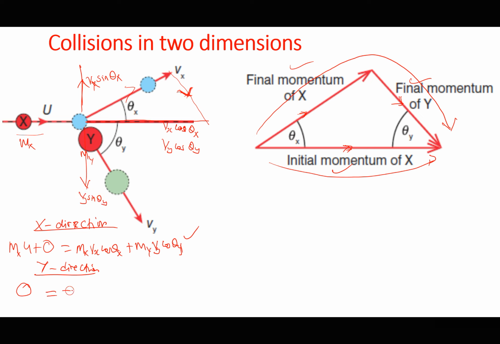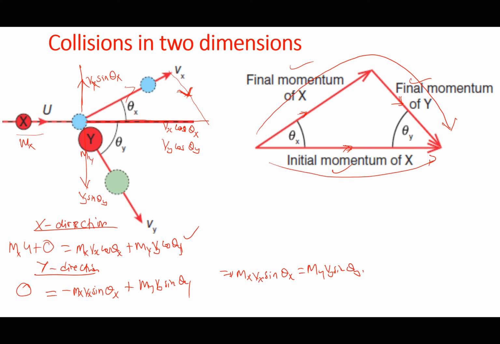So this will be equal to negative mx vx sine theta x plus my vy sine theta y. I've made one negative, one positive, which also implies that mx vx sine theta x is the same as my vy sine theta y.